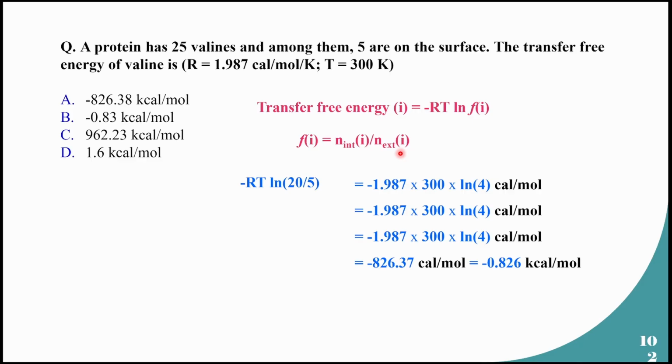Because valine prefers a buried environment, the transfer free energy comes out negative. So minus 0.826 means that from an exterior, surface exposed position to an interior position, the transfer is favorable for valine, right? That's the gist of it.